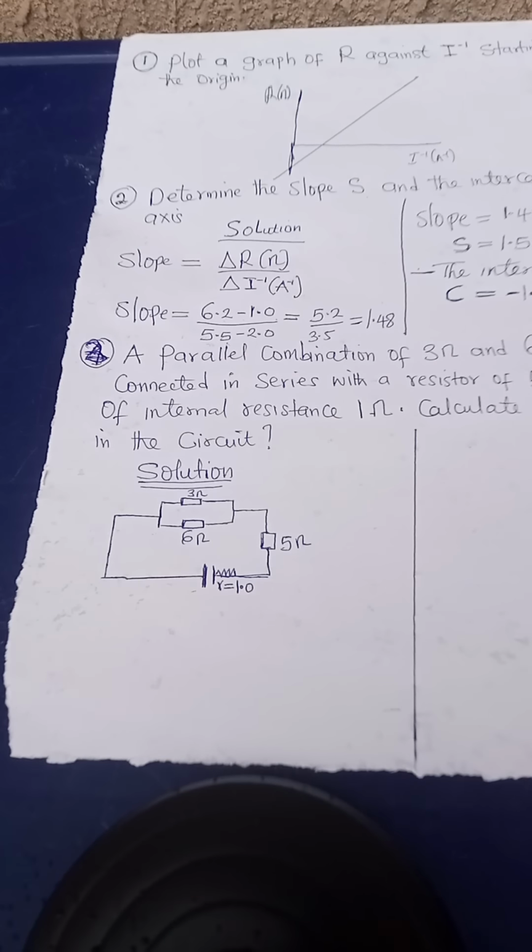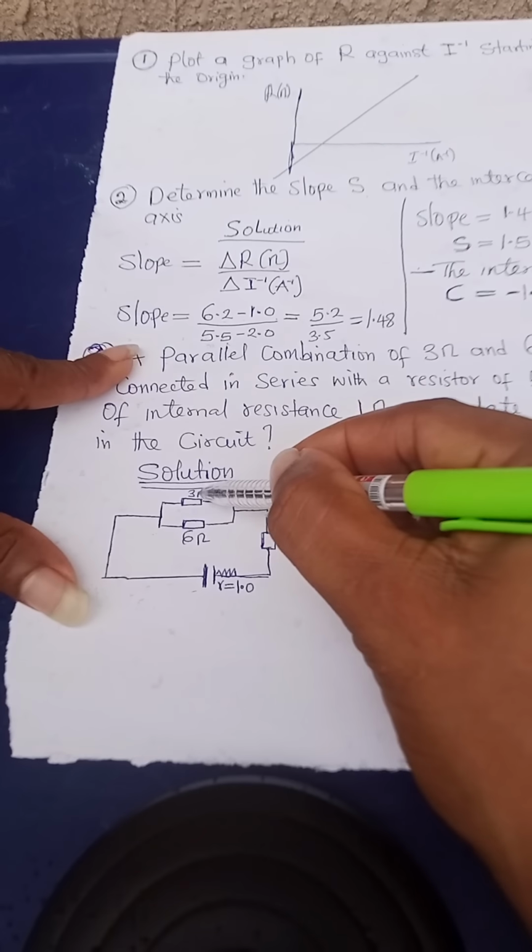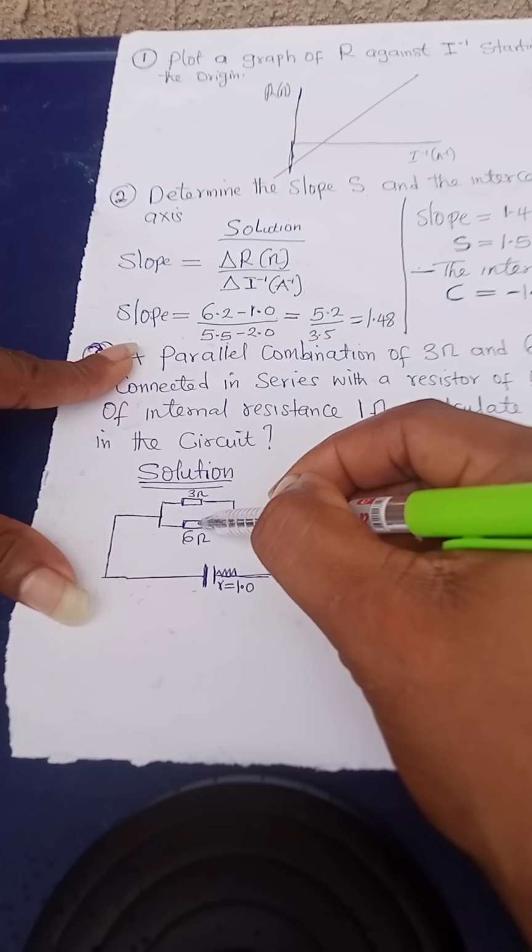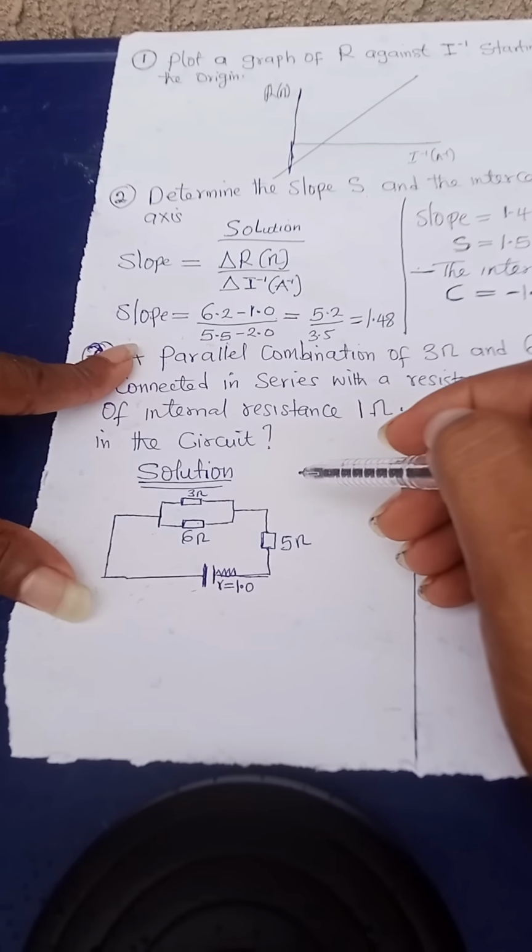So if I want to solve this, watch, this is the diagram that you will draw for you to solve this correctly on question number 3. Try to go through this diagram. These are the two resistors, 3 ohm and 6 ohm, that are connected in parallel. Okay?